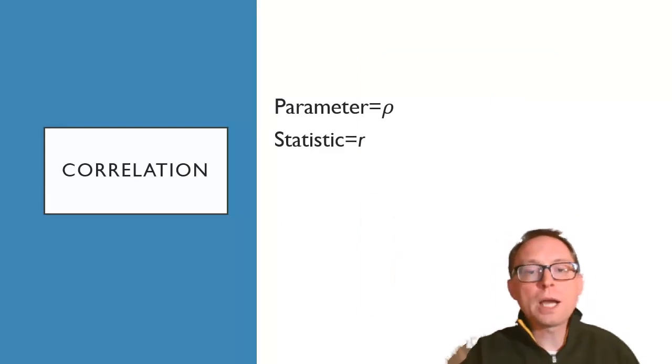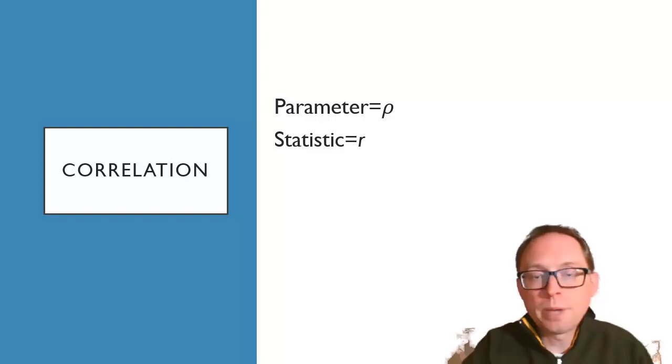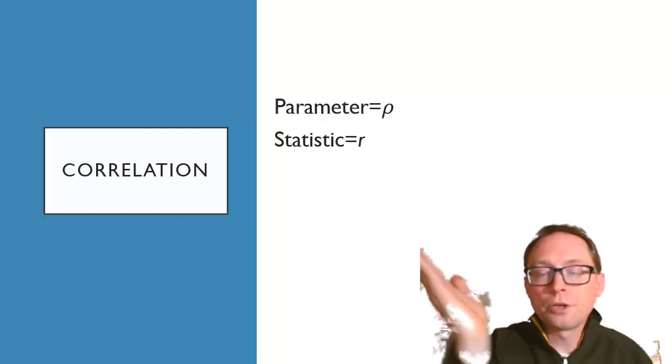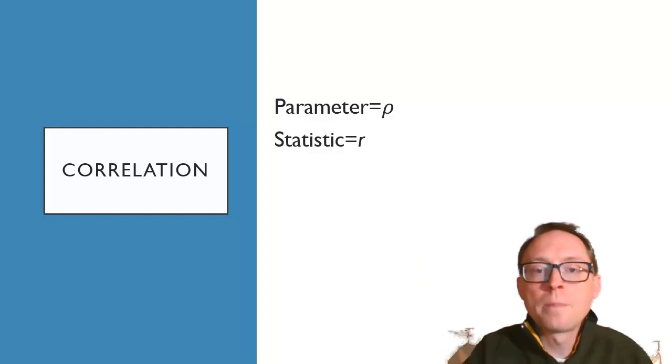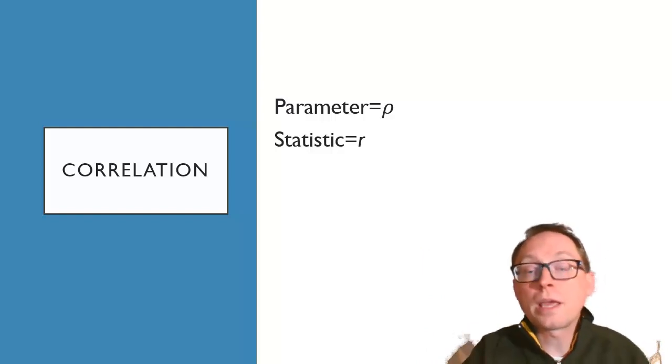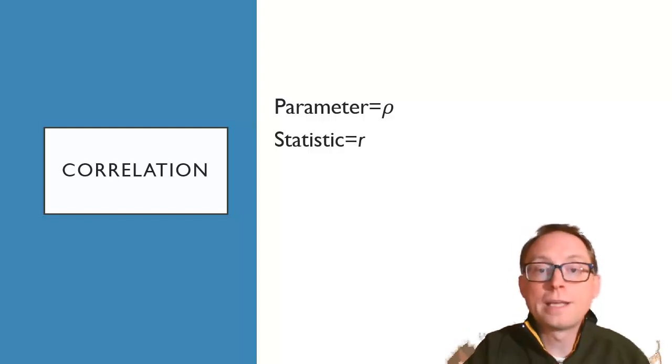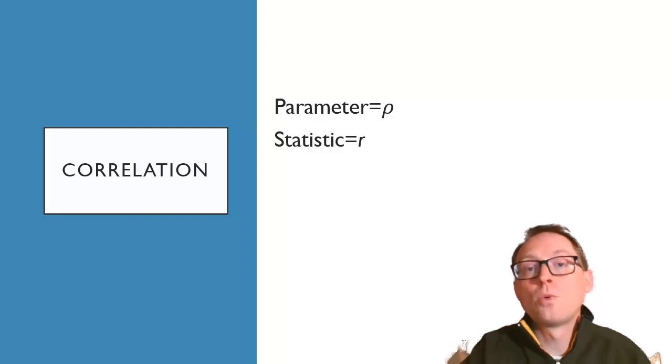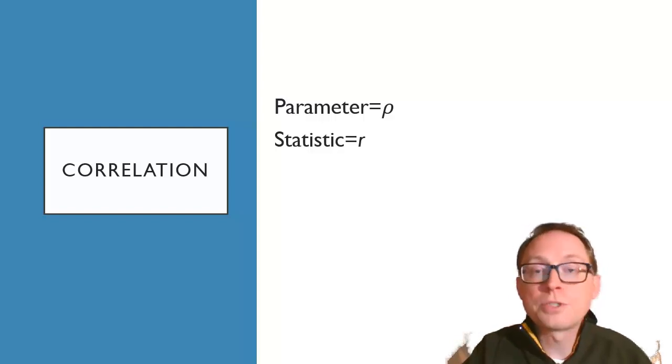You should know that when we're talking about correlations, we have a parameter and we have a statistic. They're basically the same thing, and they're looking at the linear relationship between the variables. The parameter is the Greek symbol rho, whereas the statistic is r, meaning a lowercase r. That indicates the Pearson's product moment correlation coefficient, which is often called Pearson's r, which is often just called correlation.